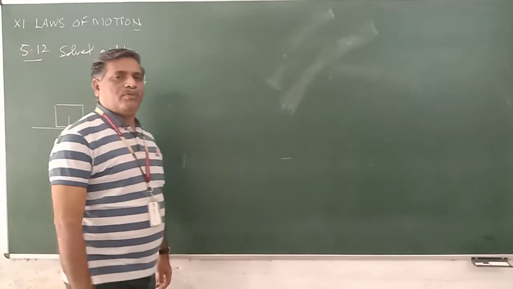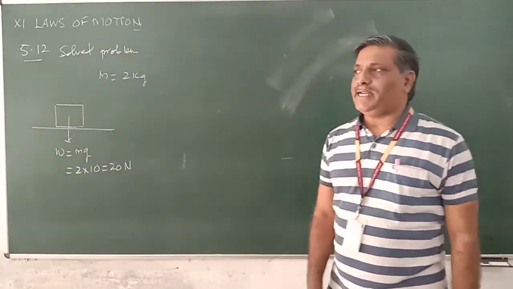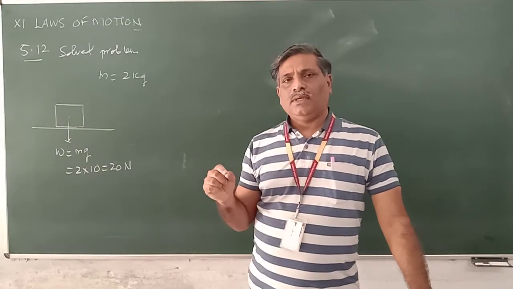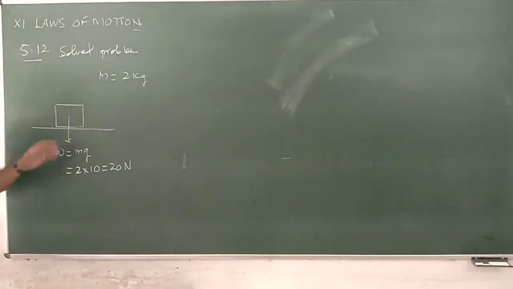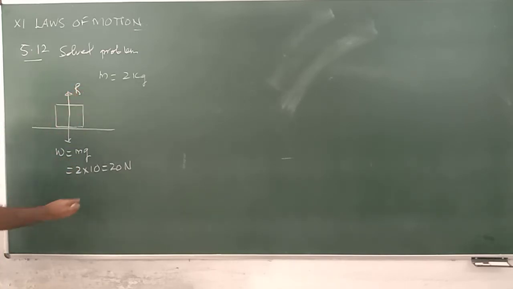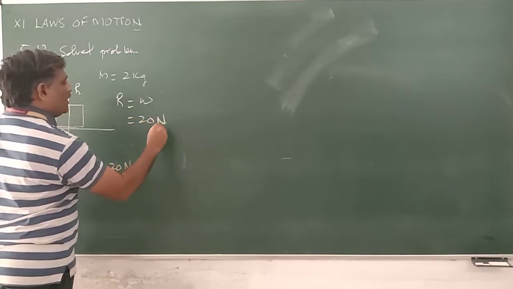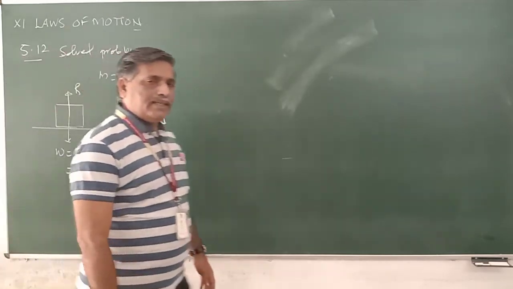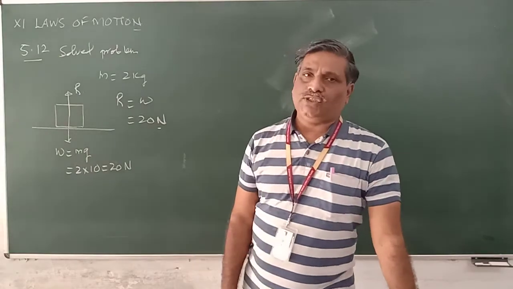It is kept on the floor and the floor does not yield; the block is steady, at rest. It simply indicates that the vertical and horizontal forces are zero. It means the reaction force R is equal to W, which is 20 Newton, in the upward direction.